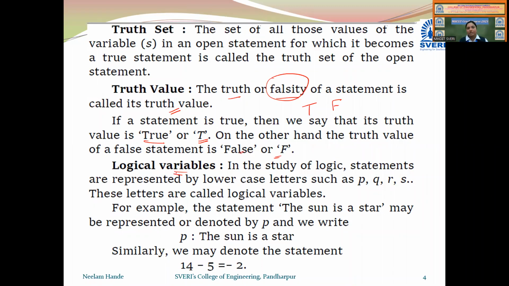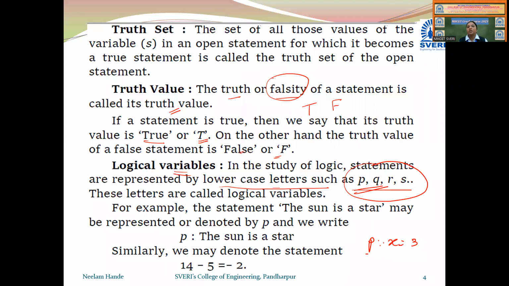Whenever statements are given, we generally denote them by small letters P, Q, R, S, like that. These are called logical variables. The statements, like if we say P is something, x is equal to 3.